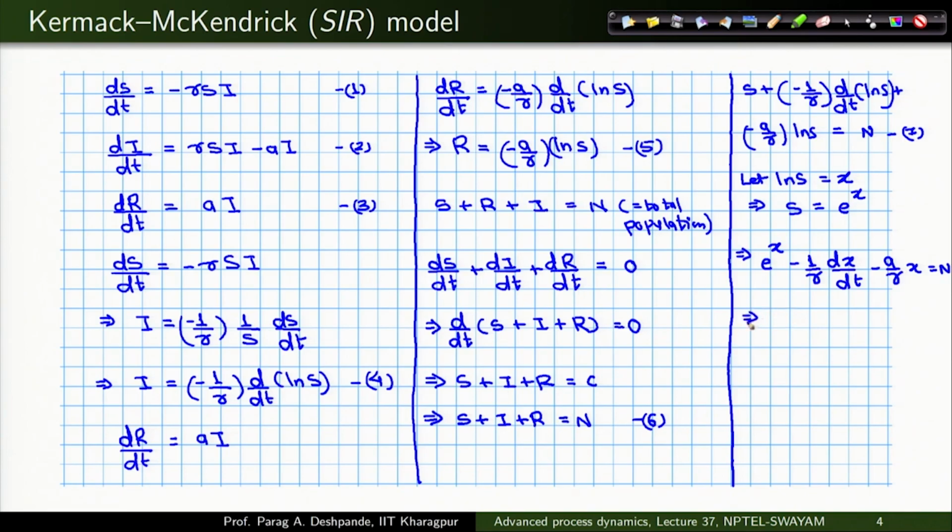So, I have here dx by dt, which is a function of x with parameters a, r, n, right.